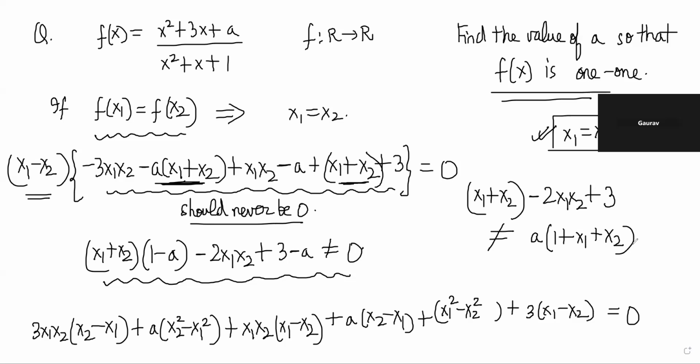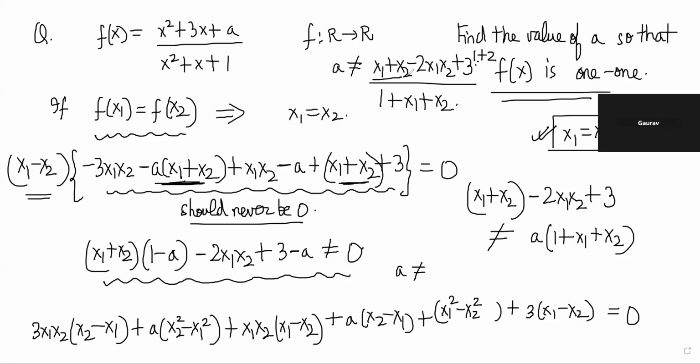So a should not be equal to x1 plus x2 minus 2x1 x2 plus 3 by 1 plus x1 plus x2, right? And notice that this can be split as a should not be equal to, this can be written as 1 plus 2. This is 1 plus 2, right?